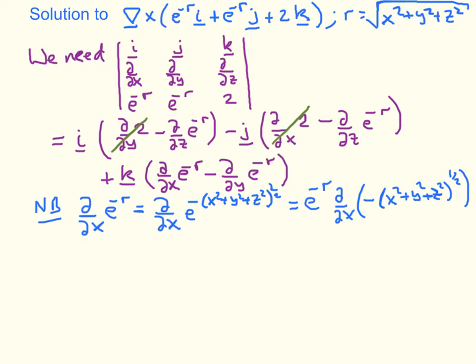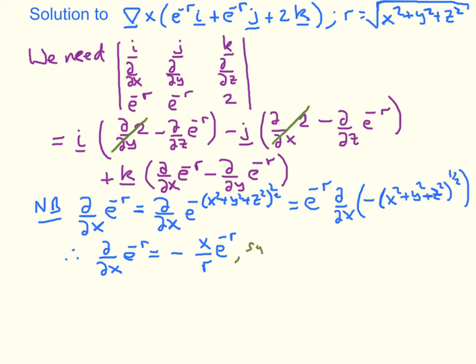So putting all of that together, d by dx of e to the minus r is going to be, well, there is a minus sign. We get the x from the 2x, the 2 and the half will cancel. x squared plus y squared plus z squared to the minus a half means 1 over r, and then we have this factor of e to the minus r, which multiplies everything. So this is our derivative, and by symmetry we can immediately write out what the others are.